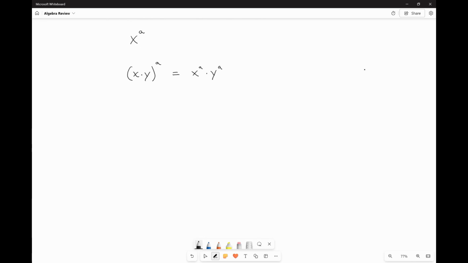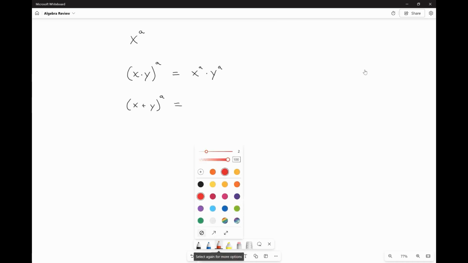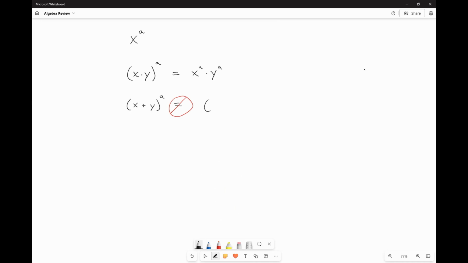But exponents do not distribute across addition. So (x plus y) raised to the a power is, very important, not equal to x to the a plus y to the a. That is not true. Super important. Those are not equal to each other.